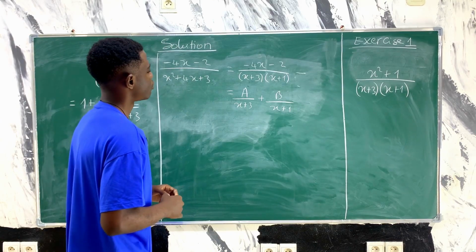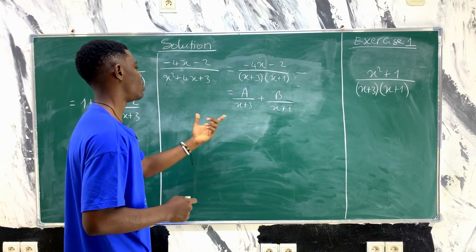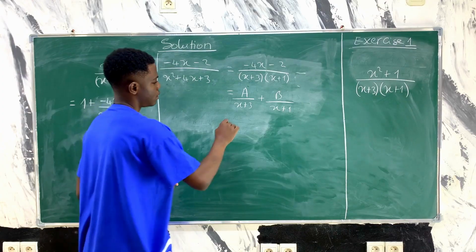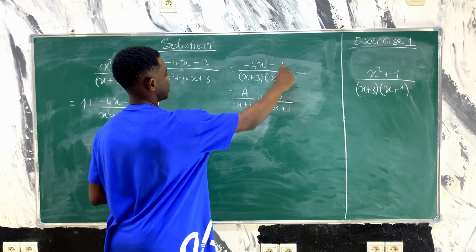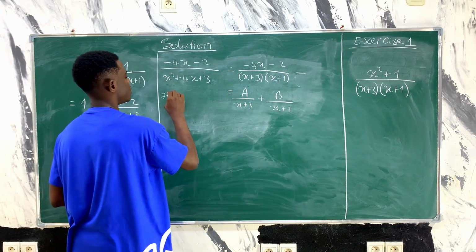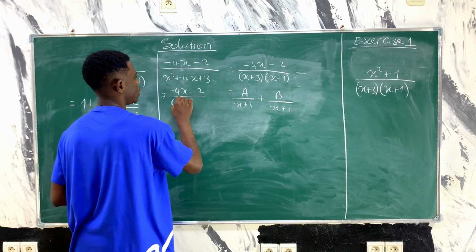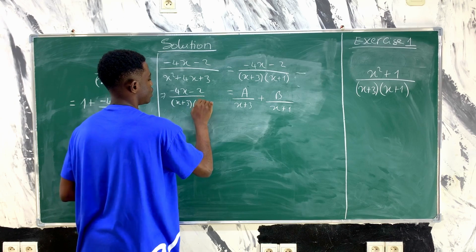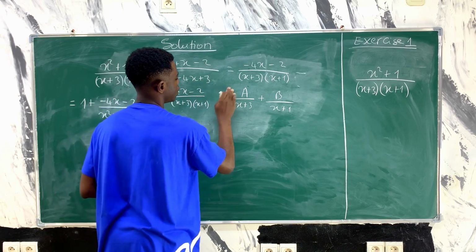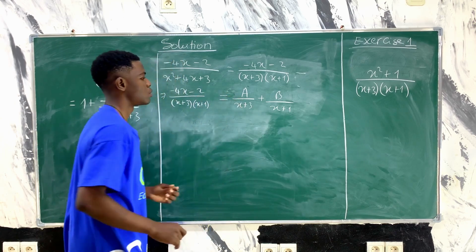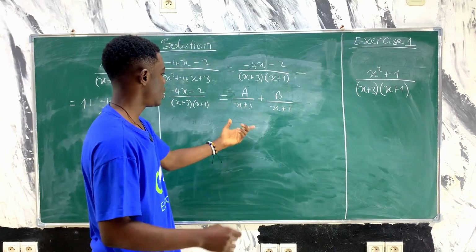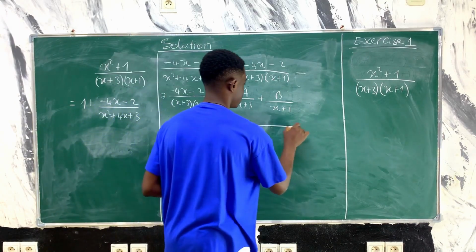So from here, how do we continue? Let me copy this back here. This will imply minus 4x minus 2 over x plus 3, x plus 1 is equal to this. So from here, we find our LCM. What is our LCM?